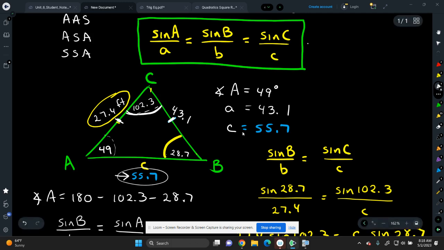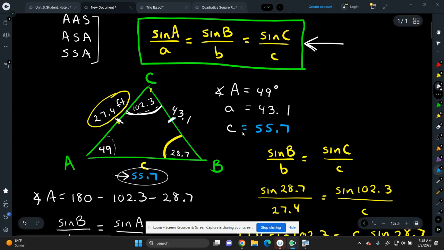So you can use these proportions in any way, okay? The reason I don't worry about memorizing which triangles it works with is because in order to use this, you look at what we have.